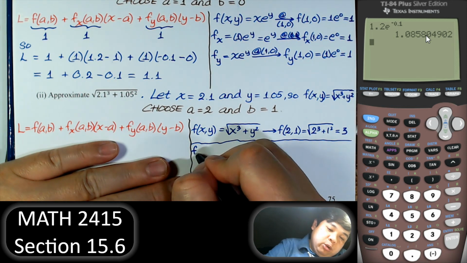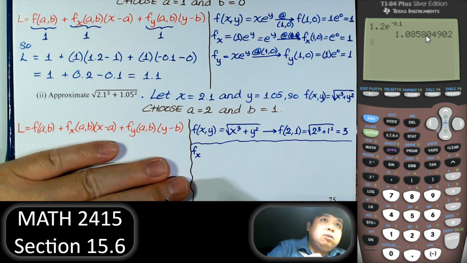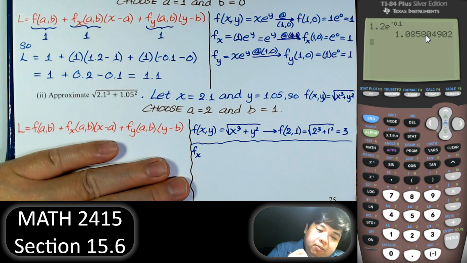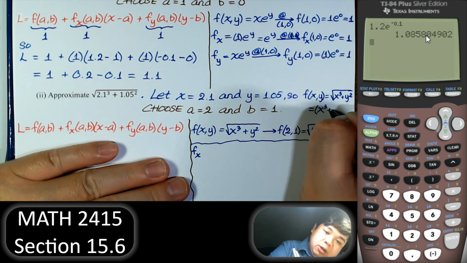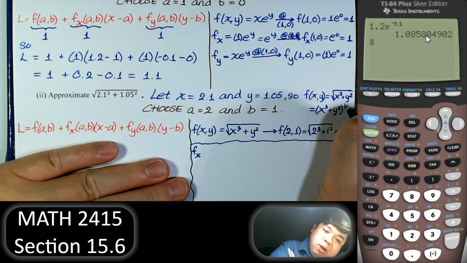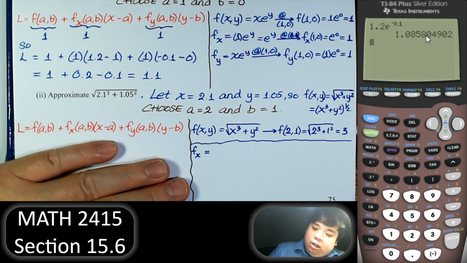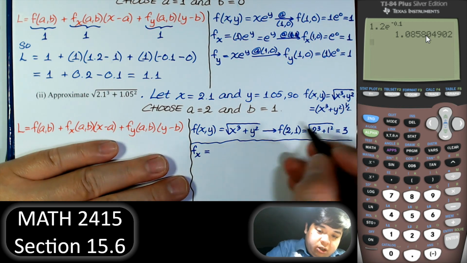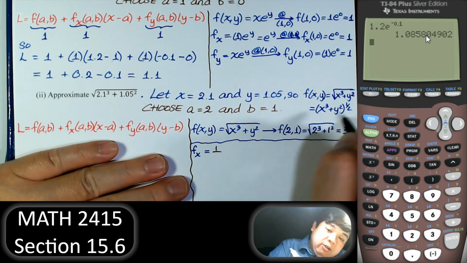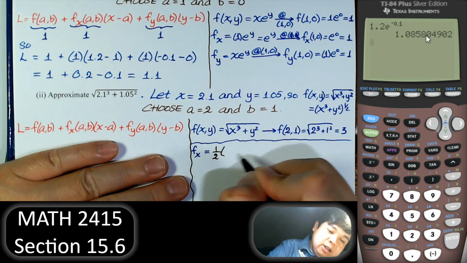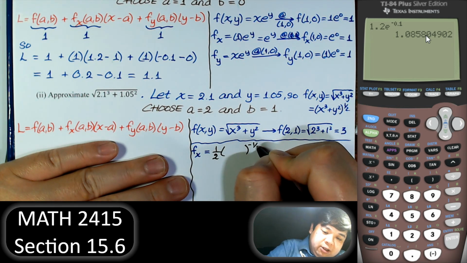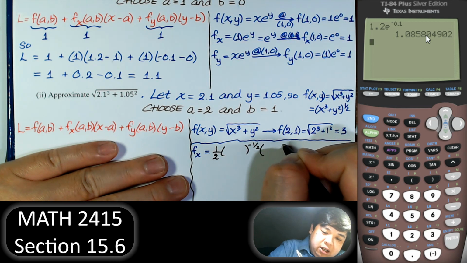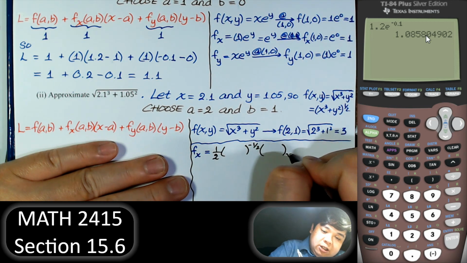Now we take the derivative with respect to x. Alright. Let's rewrite the function as x cubed plus y squared to the 1/2 and use the power rule, with the chain rule here. So the derivative of something to the 1/2 is 1/2 times that to the negative 1/2, and then the derivative of the inside with respect to x.